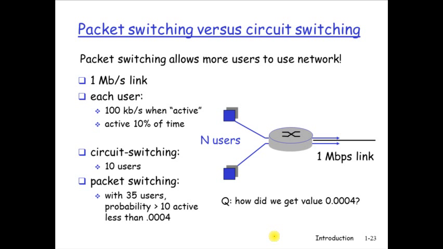So now, can you change the condition so that packet switching is worse than circuit switching? We limit it to 35 users, let's assume. When is it? Go ahead.